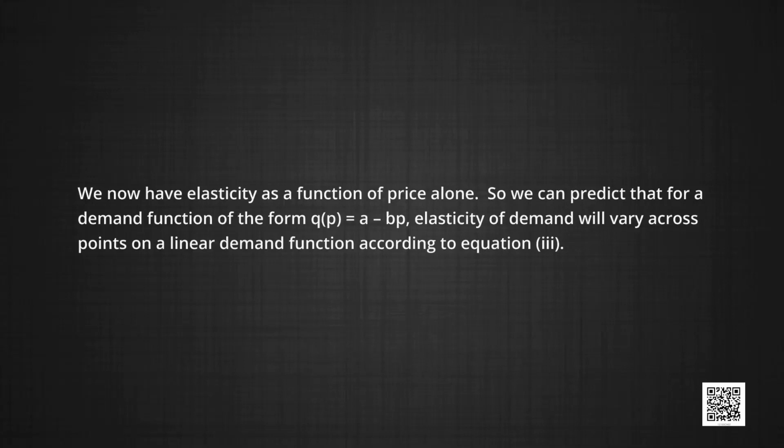So, we can predict that for a demand curve which has the form Q(P) equals A minus BP, the elasticity of demand will vary across points on the linear demand function according to equation 3.